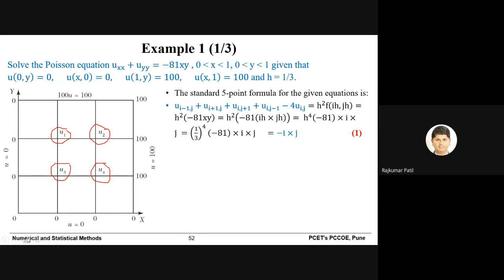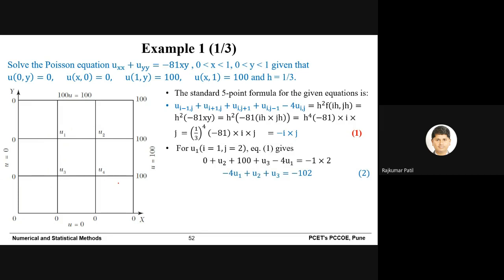Let's start our discussion with u1. So this is u1 and we know that i is 0 here, i is 1, i is 2 here, and here it is 3. Similarly, j is 0 here, then here it will be 1, here it will be 2, and here it will be 3.